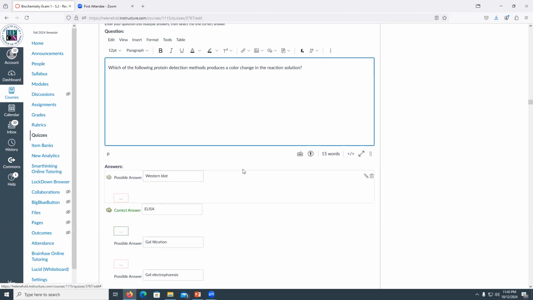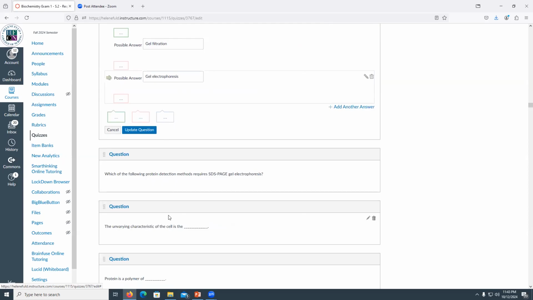Then we add some enzyme-linked antibodies that, when they bind the substrate, there will be a color change in the solution. So that is the mechanism that requires a color change.